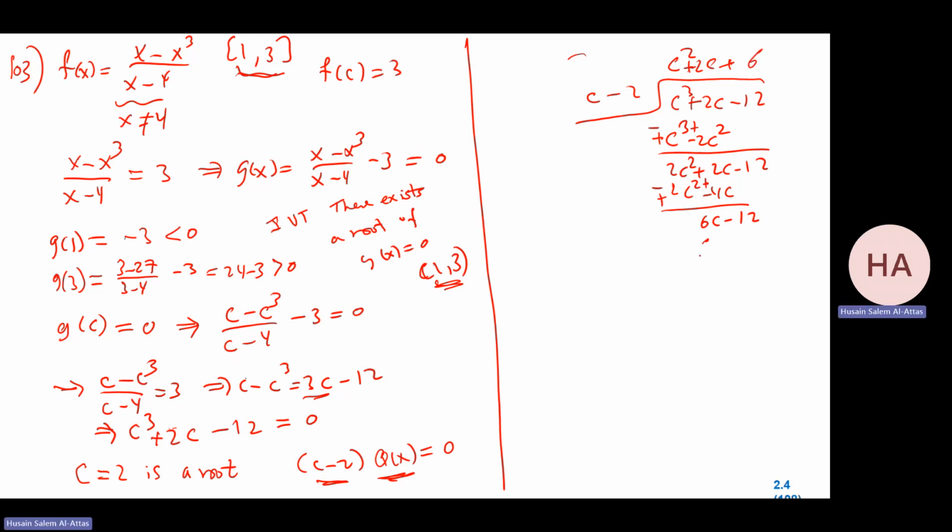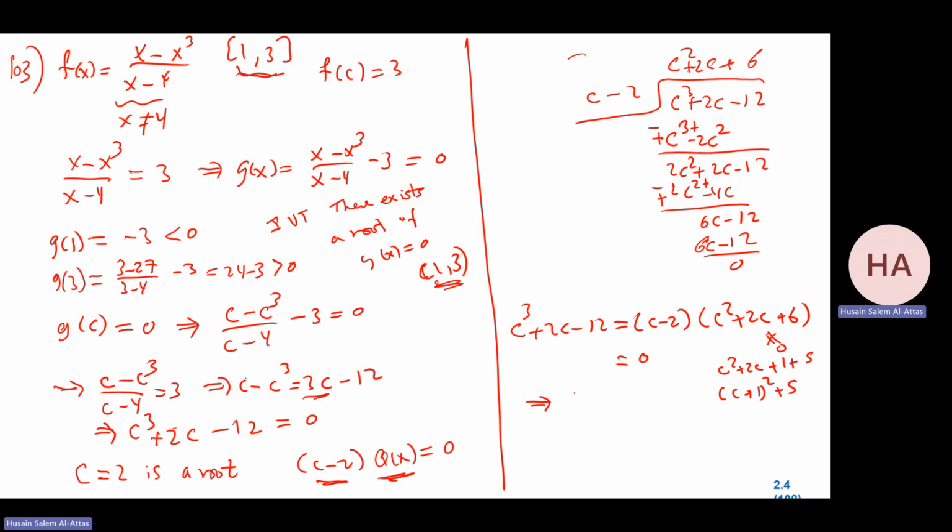Plus 6, it will be 6c minus 12, which is 0. So it's a root. So this function is actually c minus 2 times c squared plus 2c plus 6. This is impossible to be 0. Very clear. It will be c squared plus 2c plus 1 plus 5, which is c plus 1 squared plus 5, which is impossible to be 0. So if this is making 0, c equals 2, which belongs to the interval 1 and 3. So it's a root.